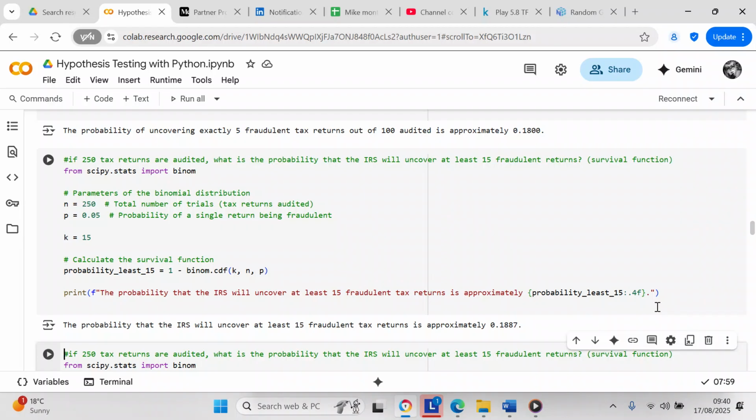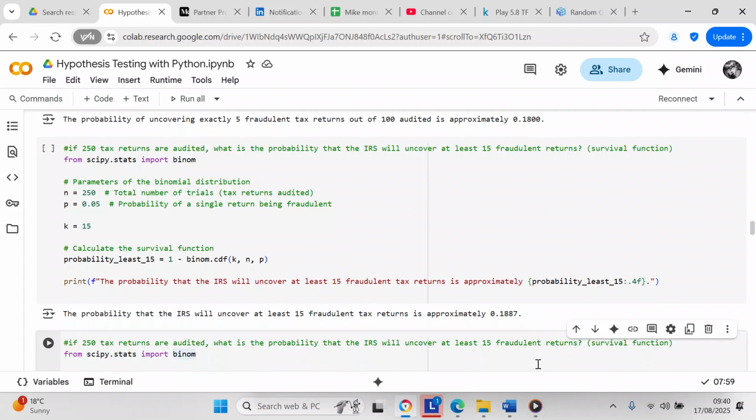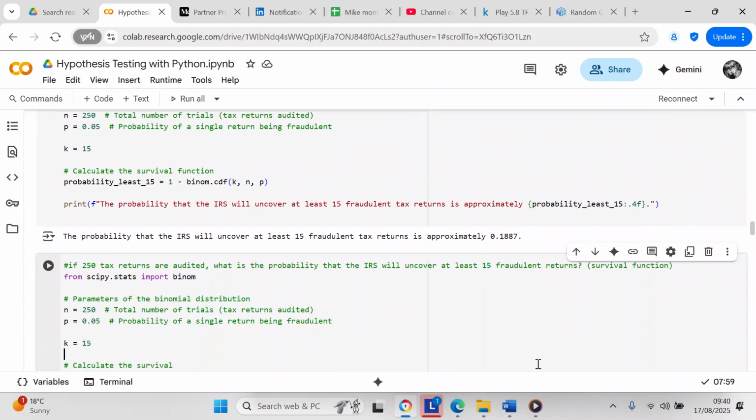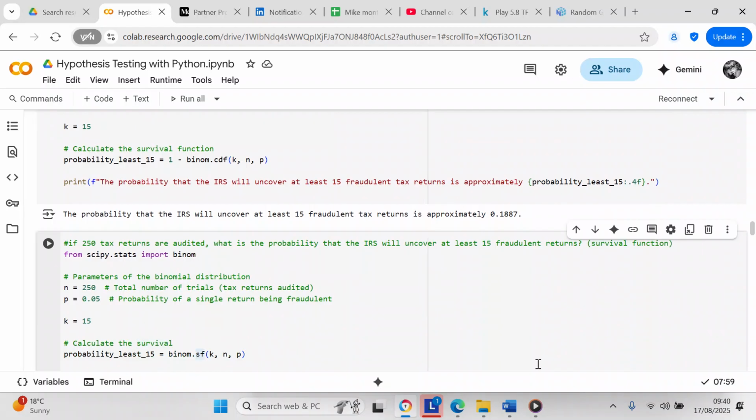And then you're going to print the probability that the IRS will uncover at least 15 fraudulent tax returns is approximately 18.87%.